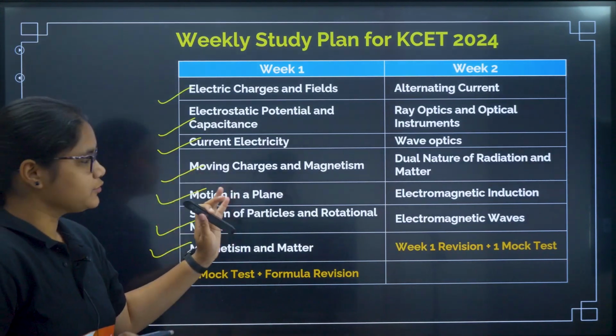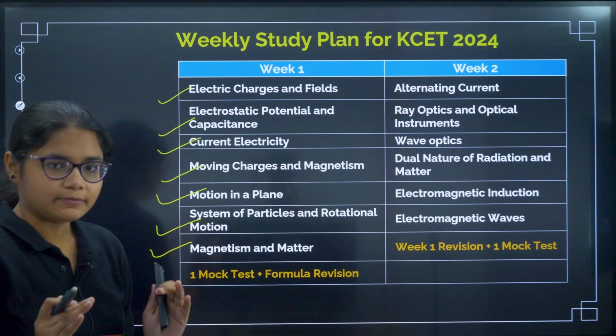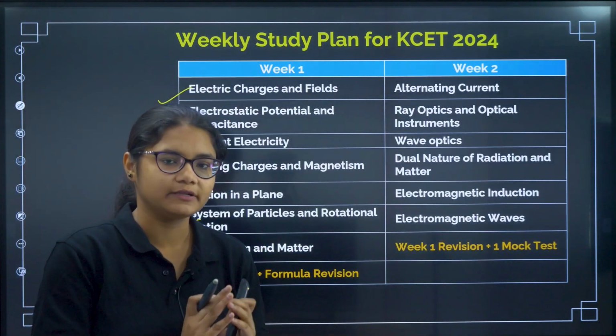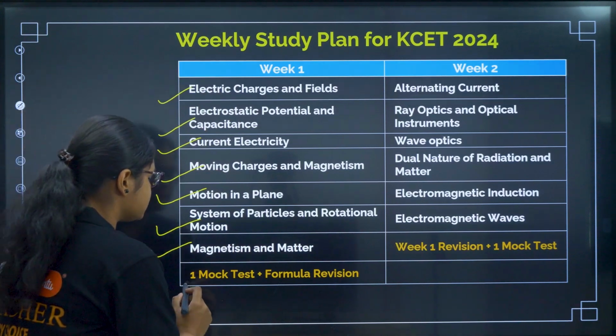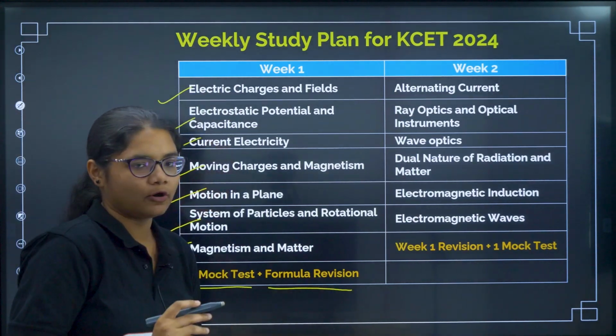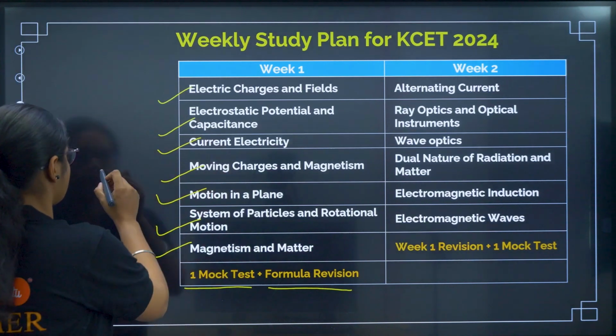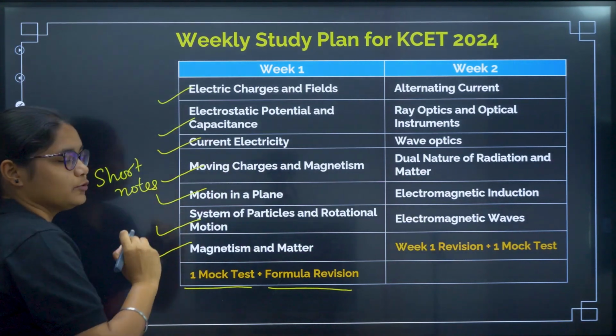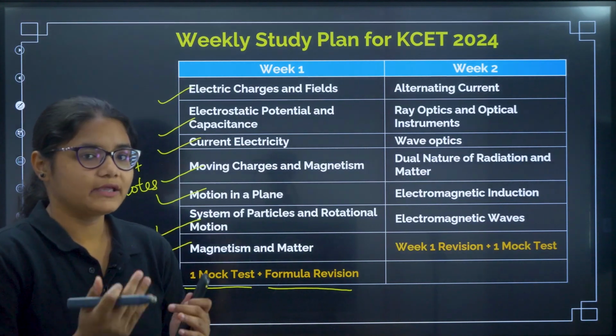Invest your time so that you can complete all these chapters, prepare proper short notes for them, list out all the formulas of these chapters, and write at least 1 mock test during this time. And you have to do proper revision of the formulas. Prepare proper short notes, very important, so that it will be helpful during your exam and you can do a quick revision.